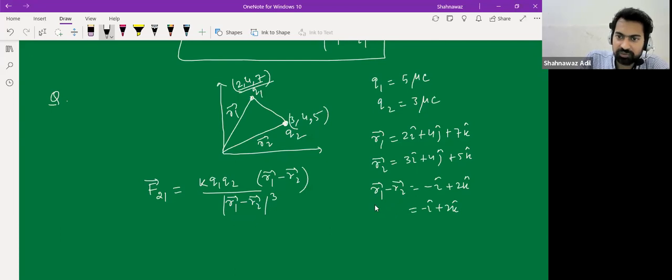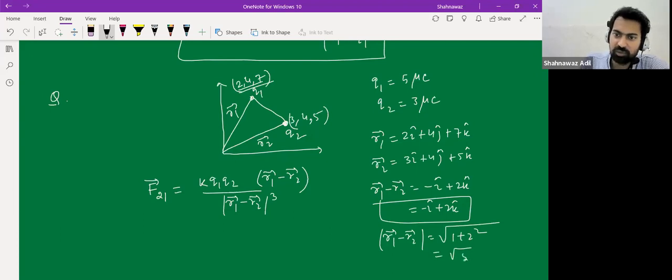And what would be the magnitude? The magnitude of this vector would be 1 square plus 2 square, so this is root 5. So what would be this F21 vector?